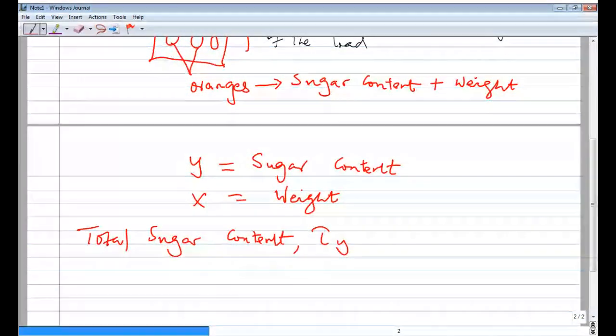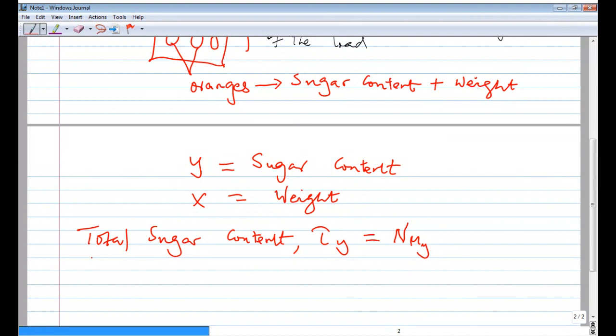And remember, to calculate the total, if you still recall the information that I gave you before, it's equal to the population size multiplied by the mean of that sugar content. That is the total sugar content. It's equal to tau y, which is equal to the population size multiplied by the mean of that sugar content.